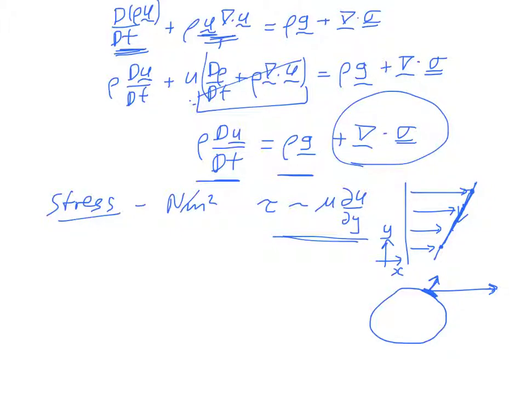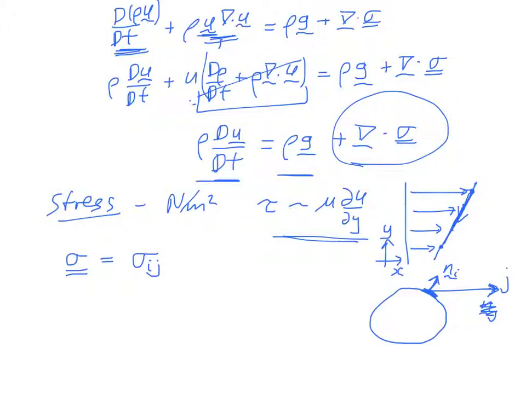That's why we write the stress tensor as sigma ij, where these subscripts refer to different directions: i is the direction of the normal vector to the surface we're considering, and j is the direction of the stress itself.